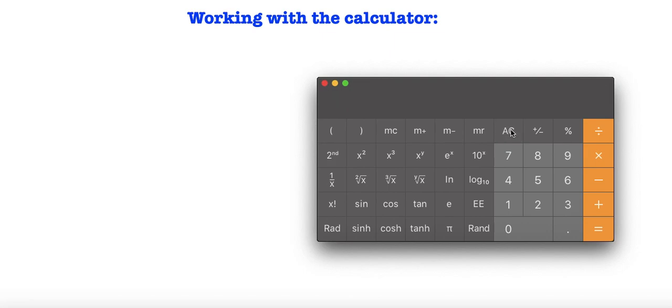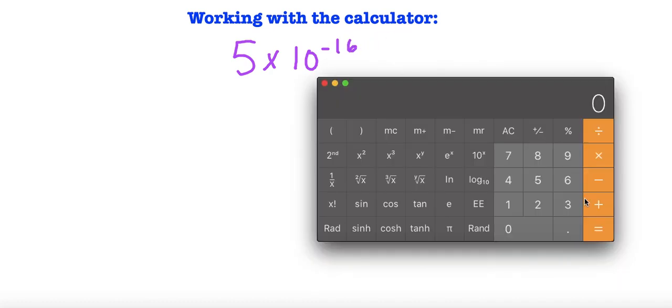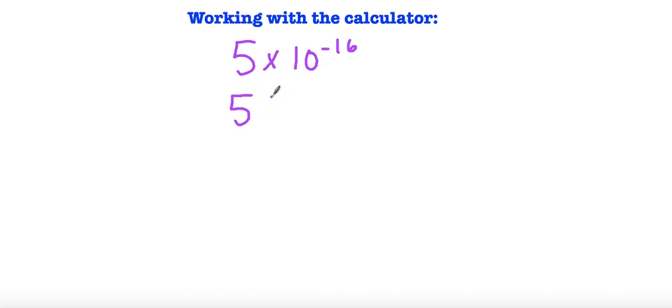So again, working with the calculator, if I had 5 times 10 to the power of negative 16, I'm going to type in 10 to the power of negative 16, times 5, and you'll notice that the same thing happens.